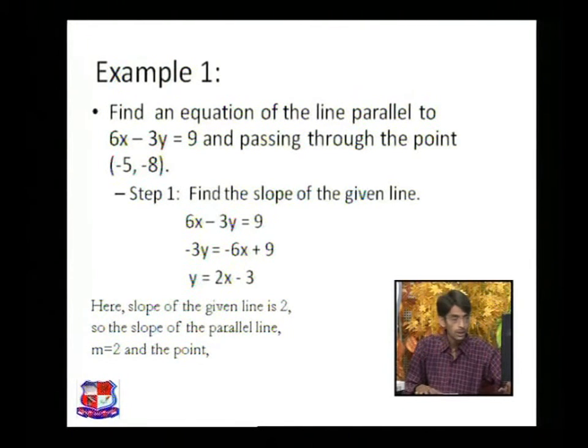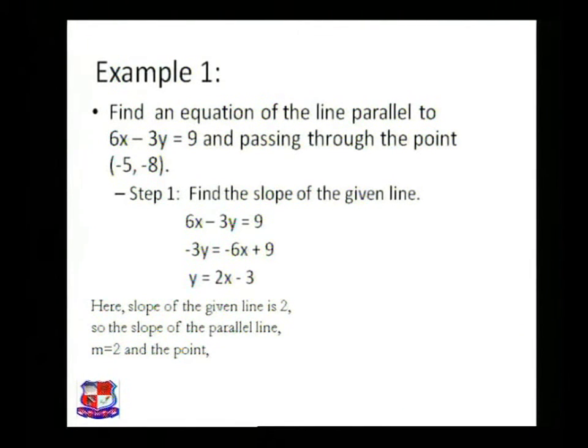The required line is also passing through the point minus 5, minus 8. So now we have the fixed point minus 5, minus 8 and the slope of the line, which is equal to 2. So x1, y1 is equal to minus 5, minus 8.